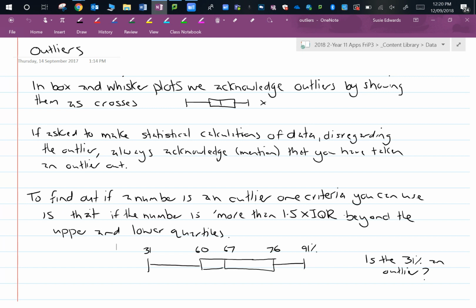So if you do have an outlier, sometimes we'll ask you to find the mean, mode, median without the outlier, okay? Don't do that unless you are asked to. So don't just say, oh, that's an outlier, I'm not going to include it. Anytime we ask you to find statistics, even if you think there's an outlier, you just use all the data.